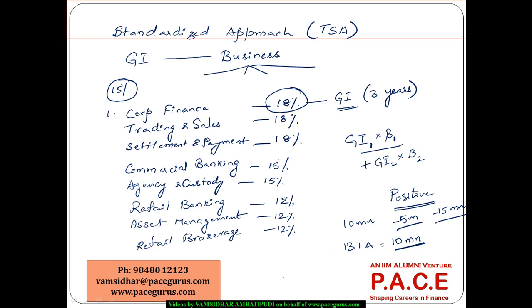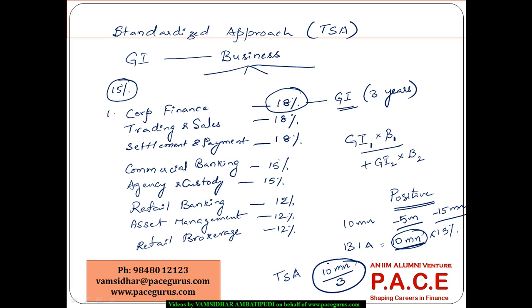Whereas in the standardized approach, I'm not taking 10 million as the gross income and multiplying it by 15%. I'll take the 10 million, but I'm dividing it by 3, not by 1.